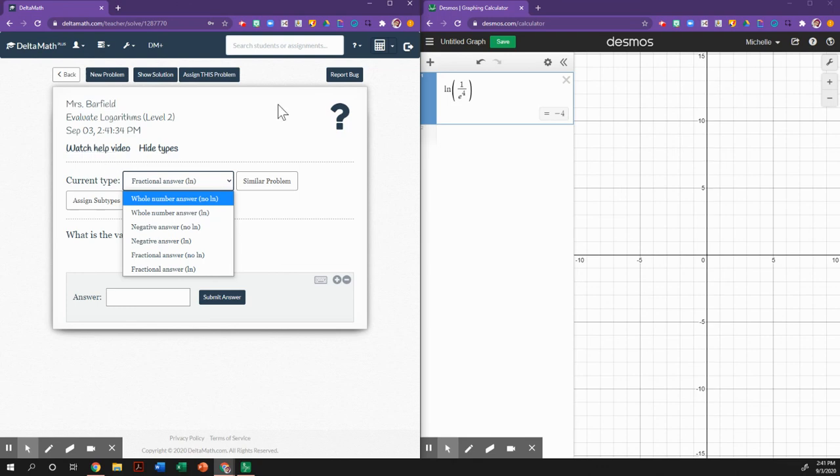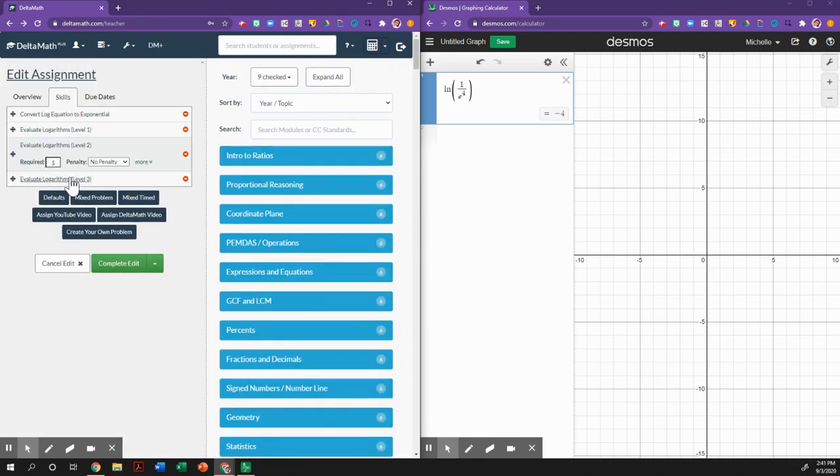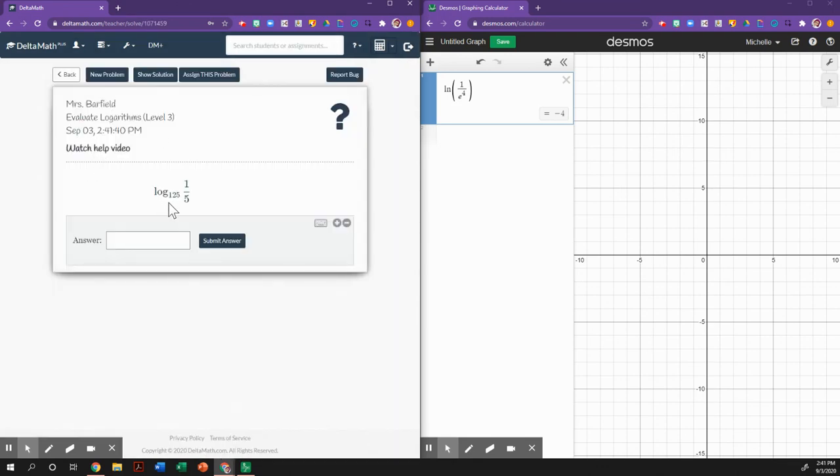No, you'll be fine. All right, and then level 3. So there you go, log base 125 of 1/5. So I'm going to type in log of 1/5, let me get that parentheses out there, divided by log 125.